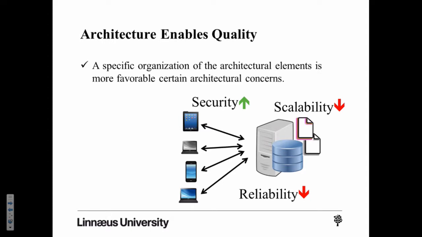And this is actually the simplest example I know of where you can actually see that we will get some properties that are enabled by your pattern and some that are inhibited. It's more difficult to achieve scalability if you have a client-server approach.